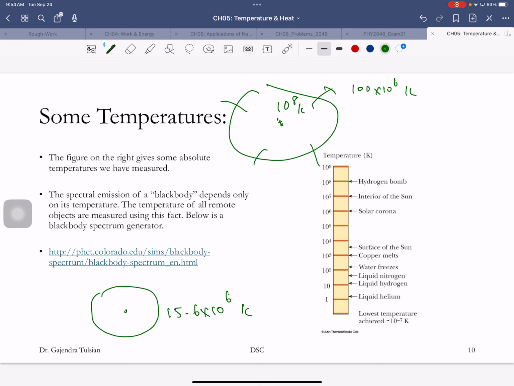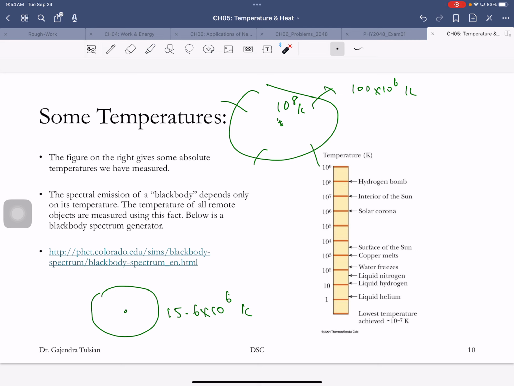Here's an important thing we need to understand. Let's say the bomb exploded here, and we are saying that the temperature at the center of the explosion was 100 million degrees Kelvin. How do we know that? Did somebody put their fingers at the center of the explosion?